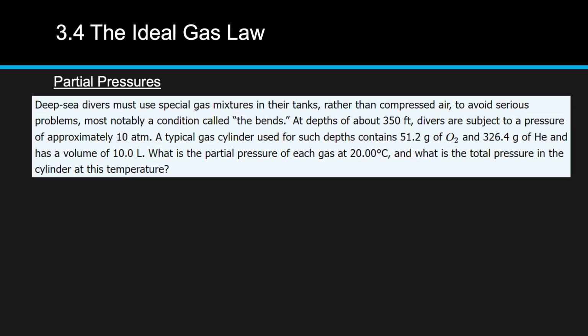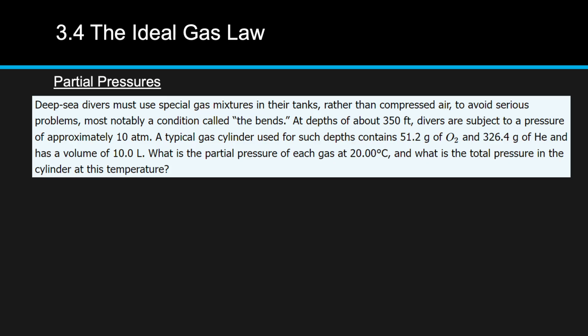All right, let's wrap up this lesson with an example problem. Deep sea divers must use special gas mixtures in their tanks rather than compressed air to avoid serious problems like the bends. At depths of about 350 feet, divers are subject to a pressure of approximately 10 atmospheres.